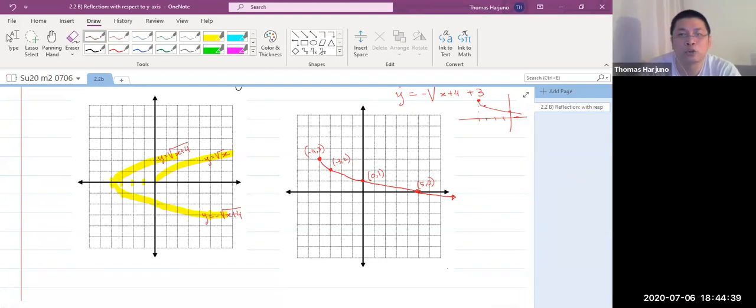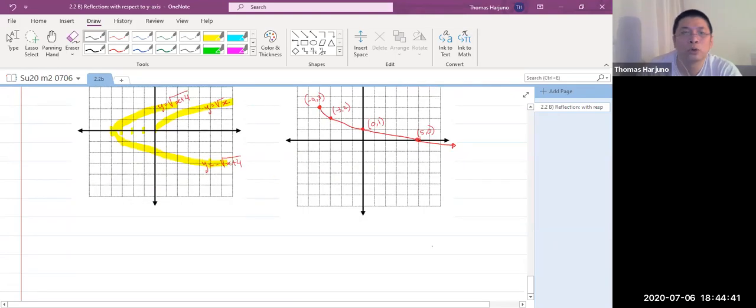Now suppose I want to do some analysis on y equals negative square root of x plus 4, plus 3. What is the domain? From the picture, you can see the domain is from negative 4, including negative 4, to infinity.